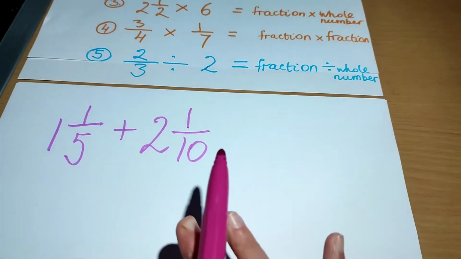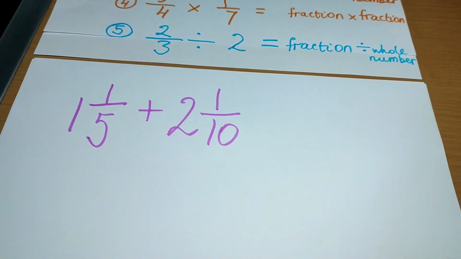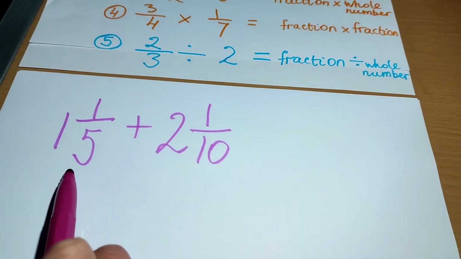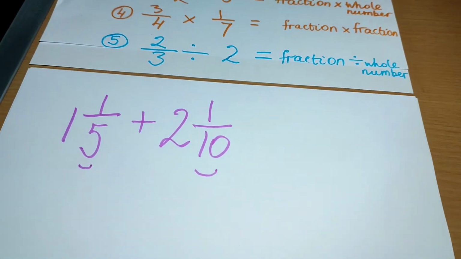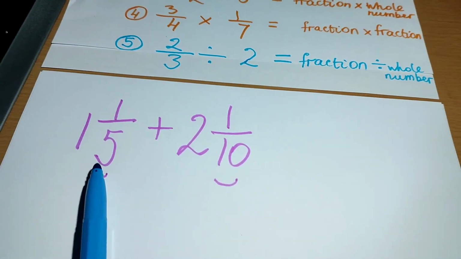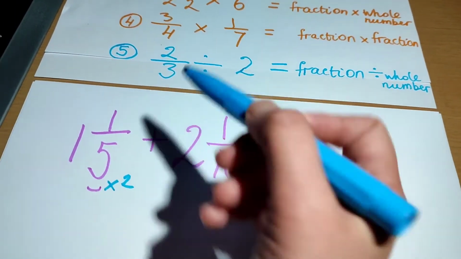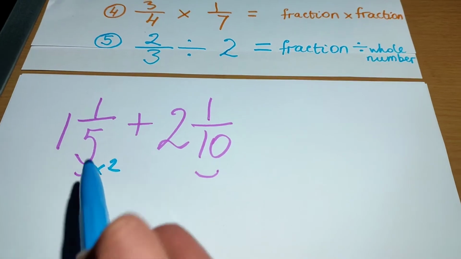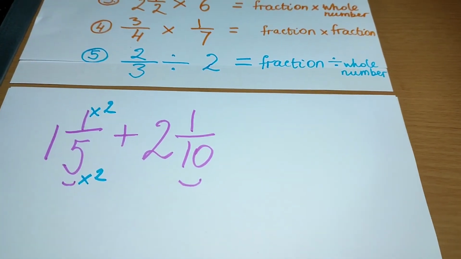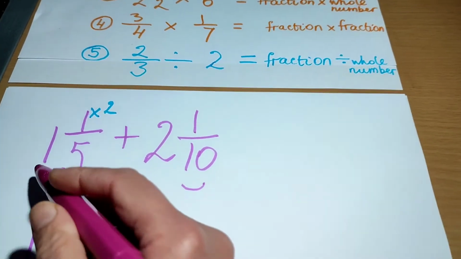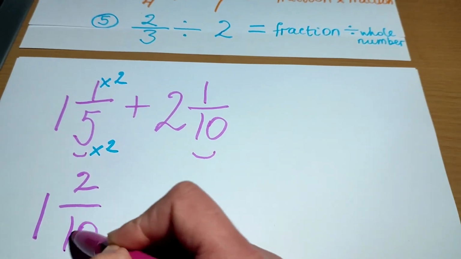Okay, let's not turn the mixed numbers into improper fractions first. So let's see what we're going to do. Well, first of all, look at our denominators. They're different. We need to make them the same. So we need to turn our 5 into 10, yeah? By multiplying it by 2. Don't forget, whatever you do to your denominator, you need to do to your numerator. So this fraction now is 1, don't forget your whole, and 2/10.